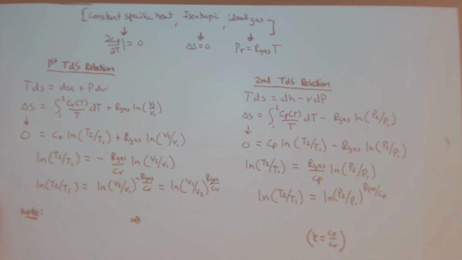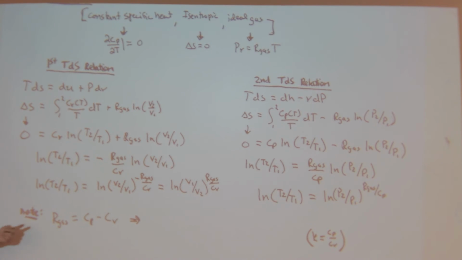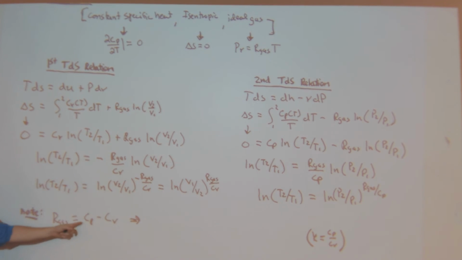Now note the gas constant is equal to the heat capacity at constant pressure minus the heat capacity at constant volume. So that's where this gas constant came from. Really, the gas constant was brought about because people did analysis like this and they wanted to define a gas constant, so they could measure heat capacities experimentally.